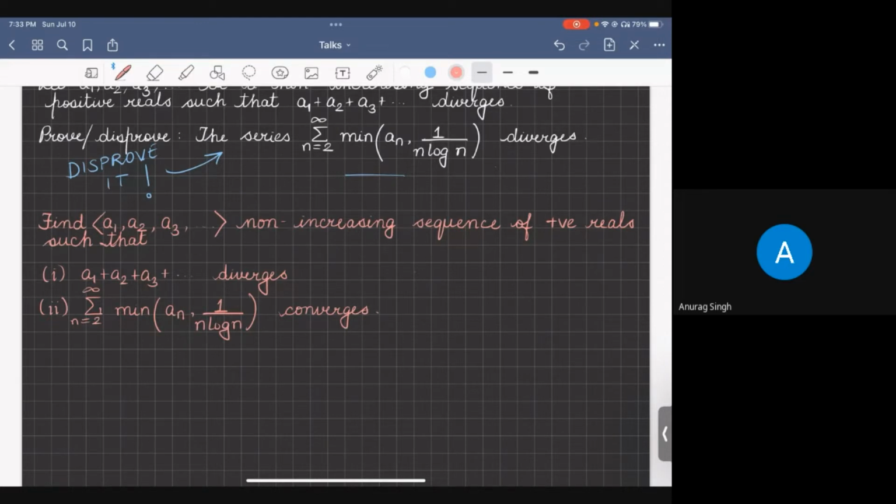I was saying, like an is some k minus 1 by n log n, so the series of an is also divergent, and then we can just cancel out all the 1 by n log n. No, wait, sorry, it's not clear to me. What do you do to an so that we cancel 1/n log n? But it would become negative, so it won't work, right? Because the sequence is defined on positive reals. Yes.